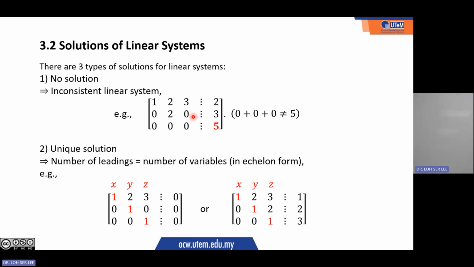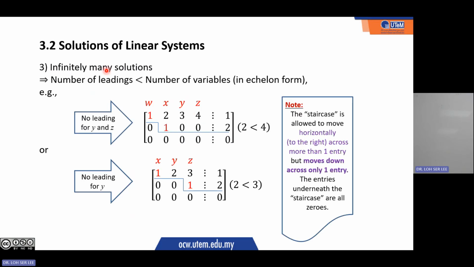And there's one more type, which is infinitely many solutions. The number of solutions is infinite. This is when the number of leadings or pivots is less than the number of variables. For example, this one. There are 4 variables, but we have only 2 pivots.